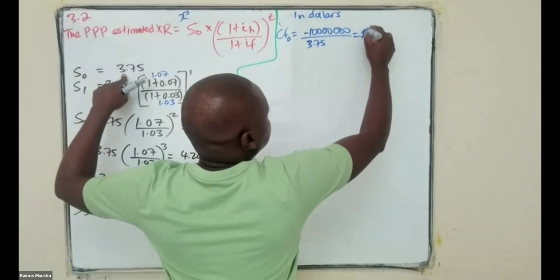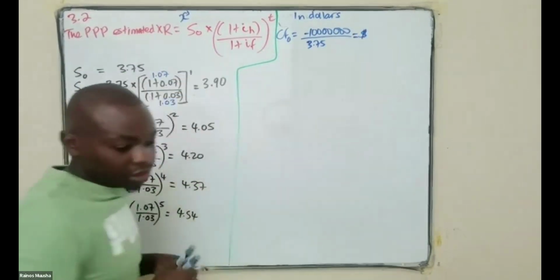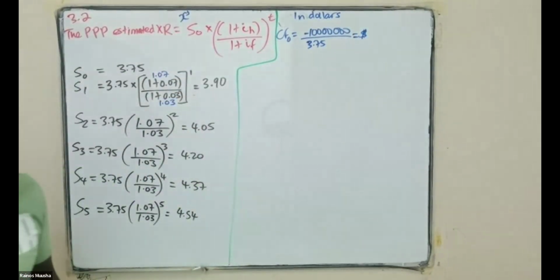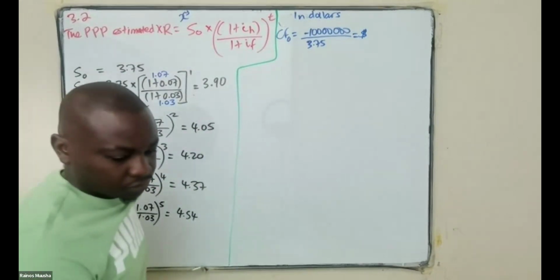So how much do you get as the cash flow in dollars? How much do you get?